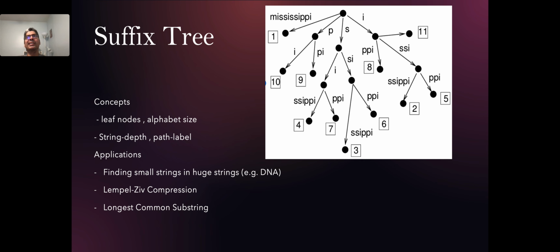The path label is the sequence from the root to that node. So the path label is SSI, because it goes through the edge S and SI, and the string depth for this is 3: 1, 2, 3.